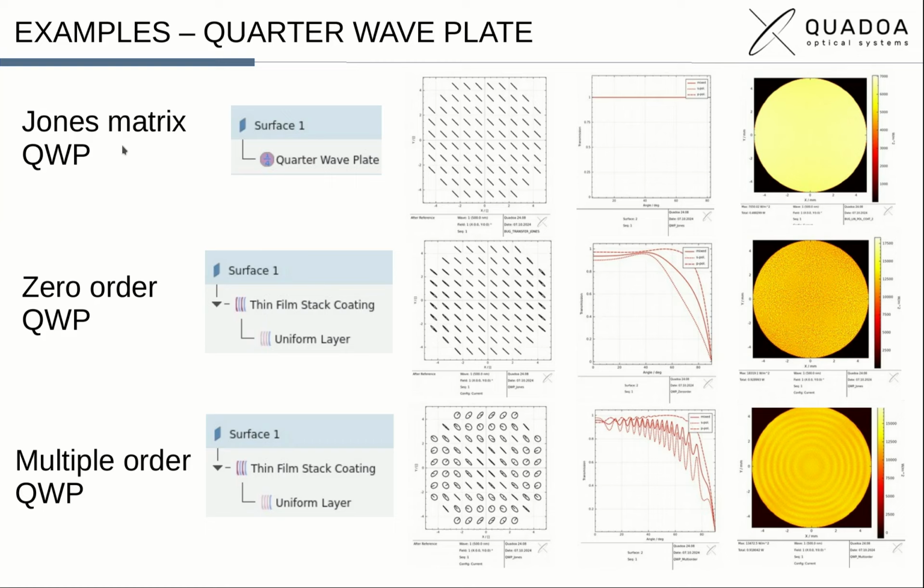Now, if we have a zero order wave plate, we can model it as a single uniform layer of a birefringent material, and we can see for this ideal or zero order wave plate, we get some kind of ellipticity at the edge of our aperture.